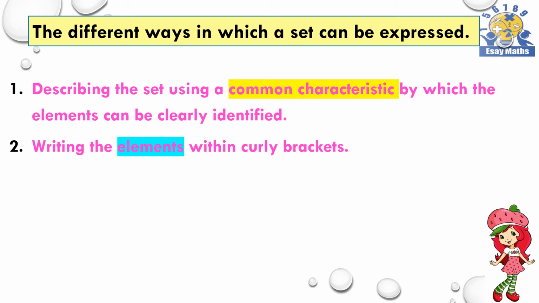Second type, writing the elements within curly brackets. Third type is using a Venn diagram. Venn diagram means we should draw a closed plane figure. Normally we draw a circle or an oval shape, and we should write all the elements within that oval shape. And here we are not putting the comma signs.